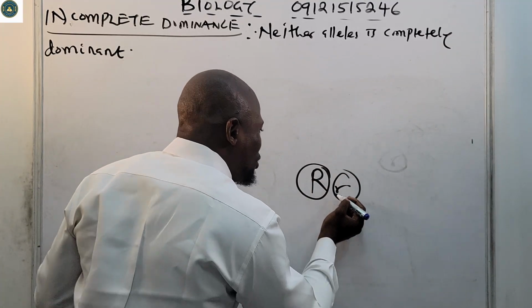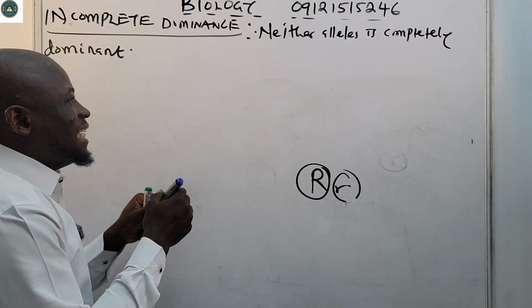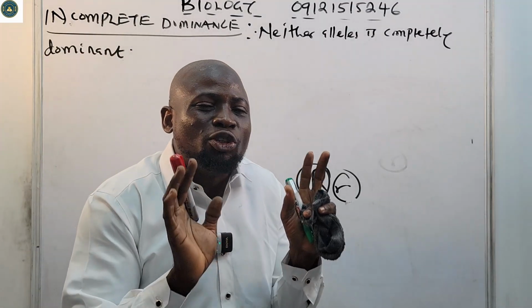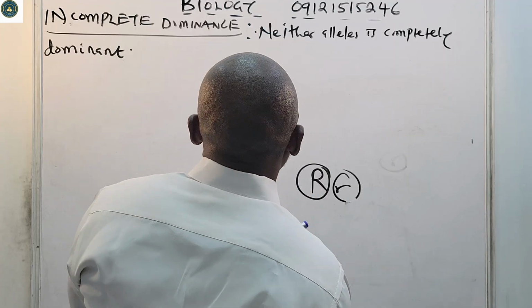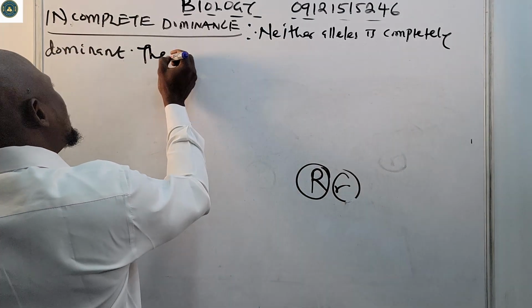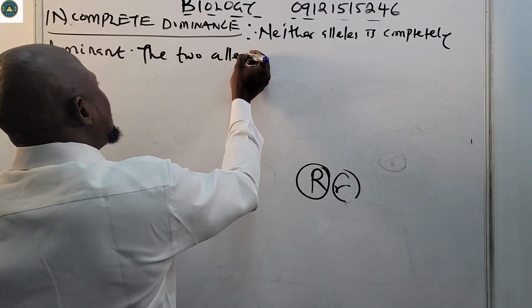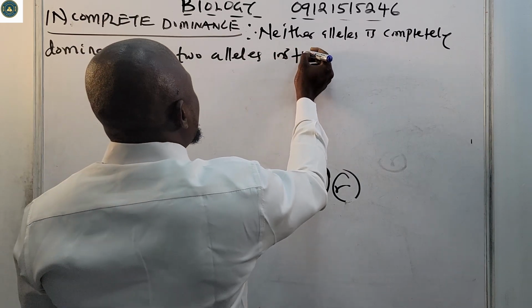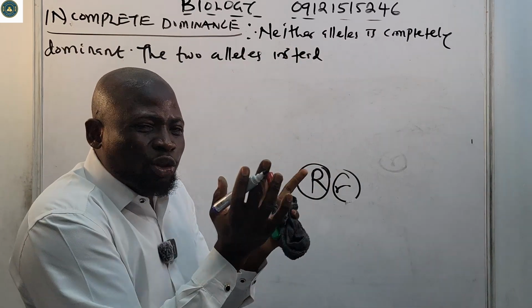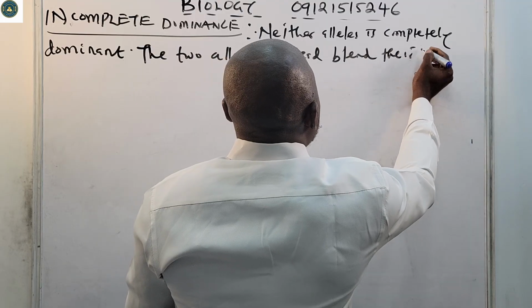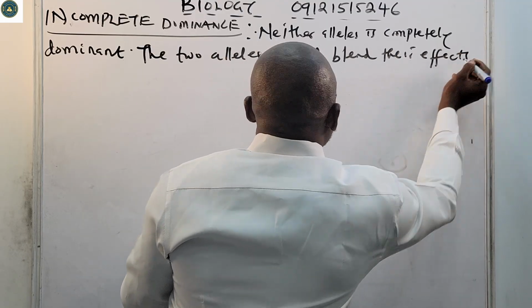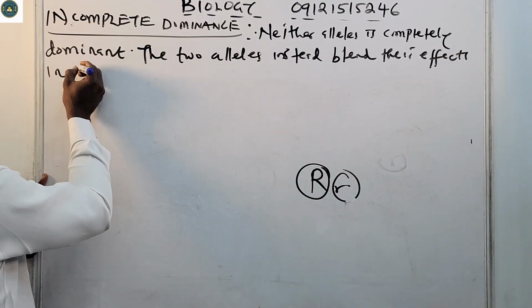So neither allele is completely dominant when it comes to incomplete dominance. What do you observe? The two alleles, instead, blend together. They blend their effects in the heterozygous condition.